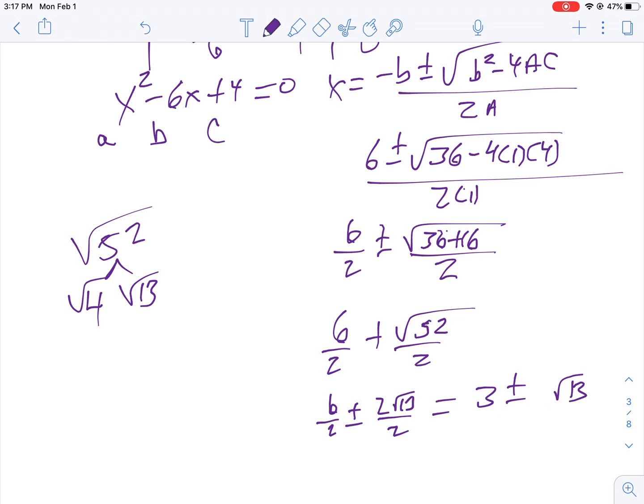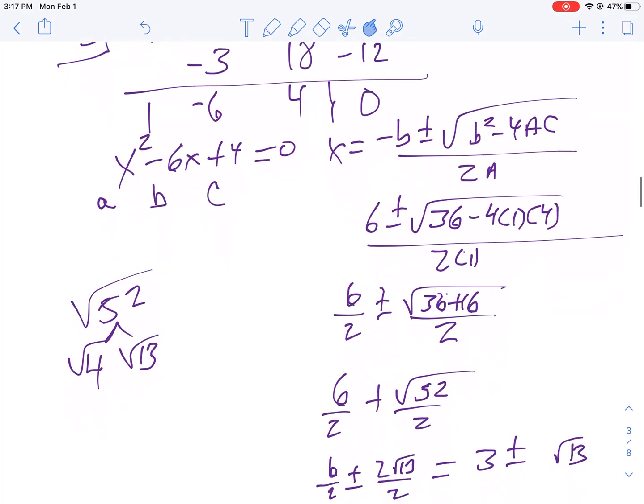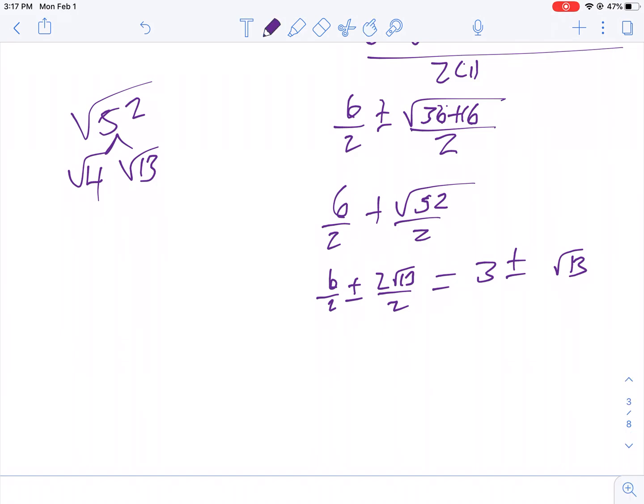So now let's write it as a product of linear factors, because we know 3 plus or minus the square root of 13 are the roots. So it'll be x minus 3 times x minus 3 plus the square root of 13 and x minus 3 minus the square root of 13.